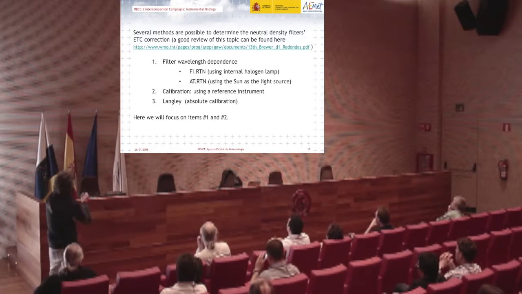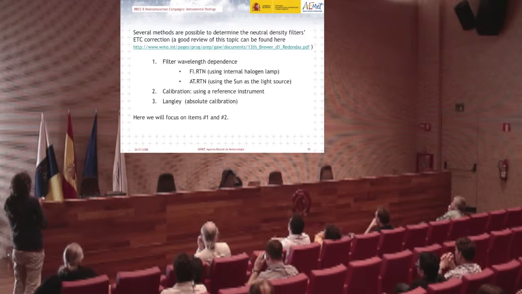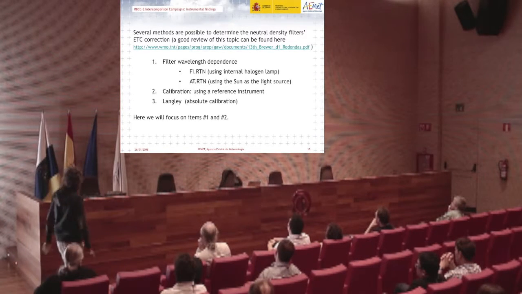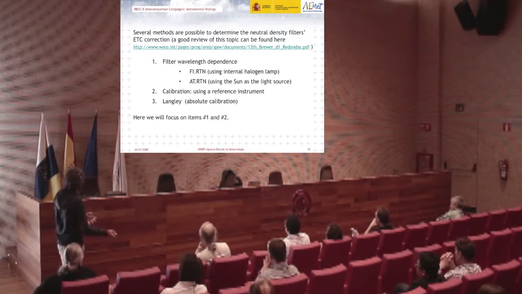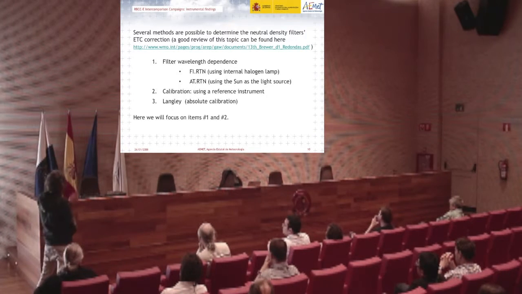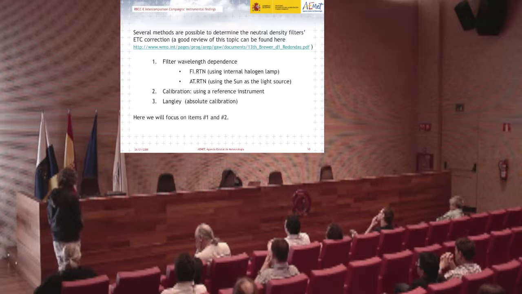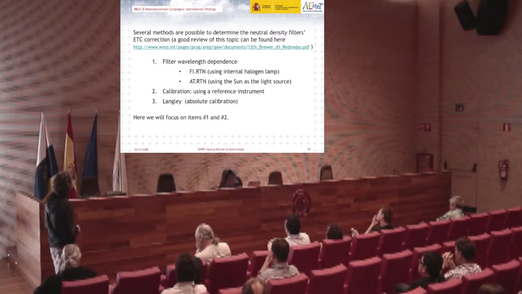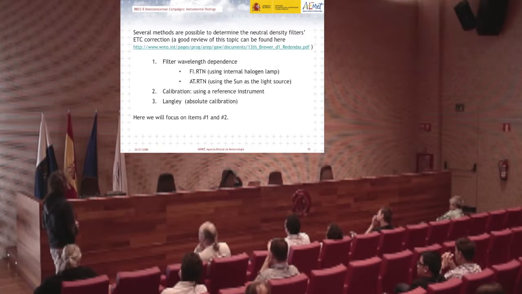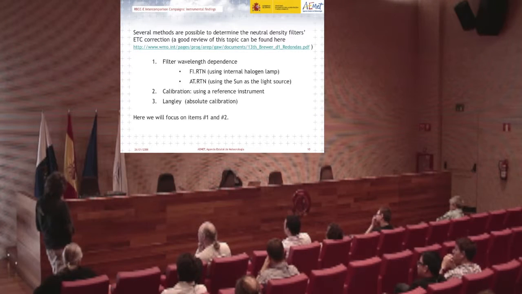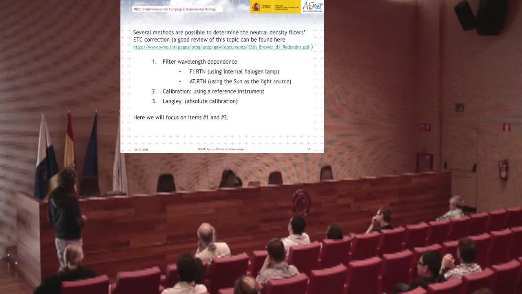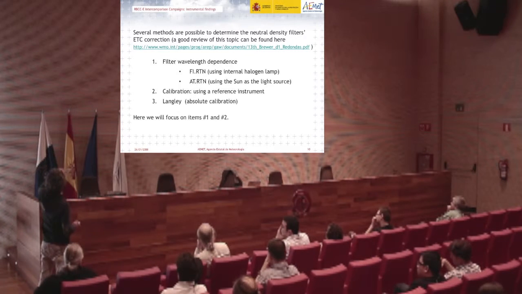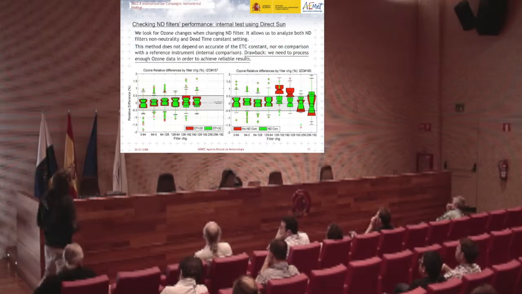But to summarize, we can try to determine the neutral density filter non-neutrality by means of the FI routine or AT routines, or we can use some reference instrument to calculate the different ETCs for the different filters, or we can also use absolute calibration, I mean Langley plots, to accomplish the same. I will focus on items 1 and 2.